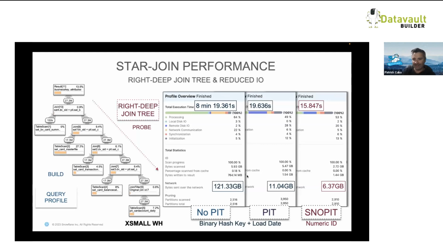But as you can see, these are statistics that are gathered running against 61 million records. Without a PIT, it's the network traffic between these cloud components, 121 gigabytes, right? Using the PIT, it's a tenth of the size. And using a SnoPIT, I've shortened that even more because I'm using predictable integer data types.